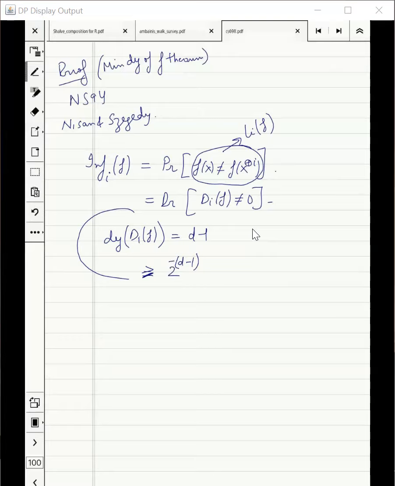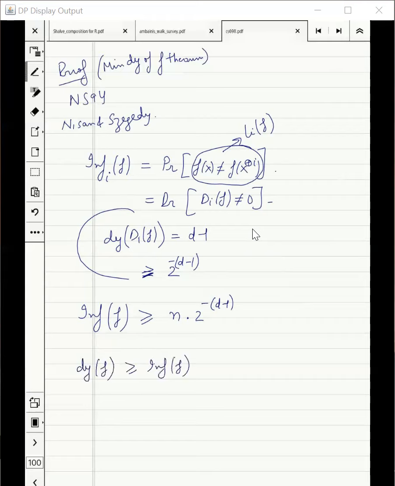right? So what can I say about the influence of F? The influence of F is greater than n times 2 to the power minus (D minus 1). Yes, I know that all the variables have non-zero influence. That means for all the variables, influence is more than 2 to the power minus (D minus 1). And what do I know? Degree of F is more than influence.